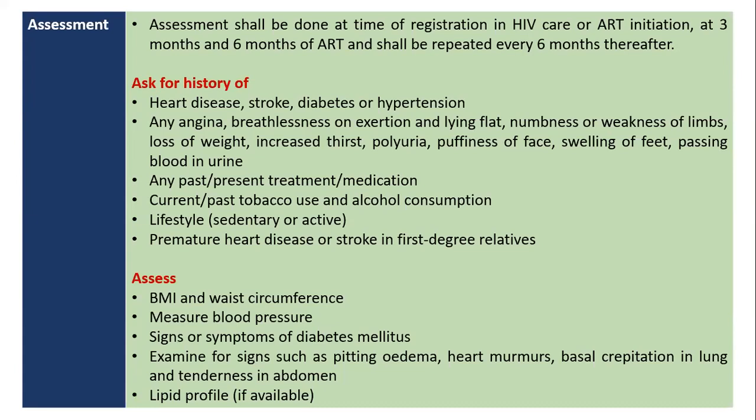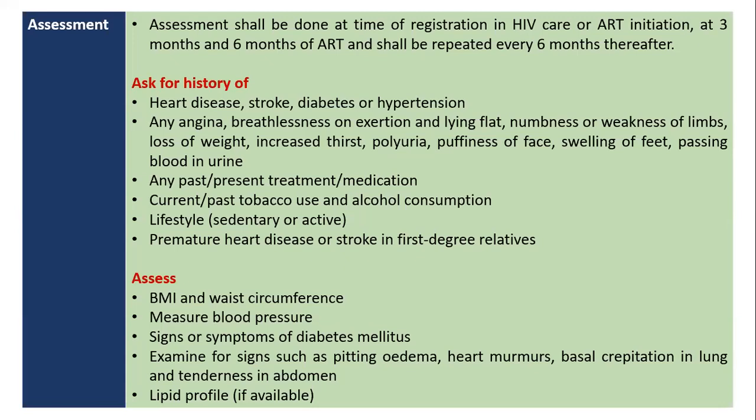Now, in the history, we need to ask for heart disease, stroke, diabetes, or hypertension, or any treatment of those diseases in the PLHIV, any angina, breathlessness on exertion or on lying flat, numbness or weakness of limbs, loss of weight, increased thirst, polyuria, then puffiness of face, swelling of feet, passing blood in urine, then any past or present treatment or medication, current or past tobacco use or alcohol consumption, lifestyle, whether it is sedentary or active, and if there is any premature heart disease or stroke in the first degree relative.